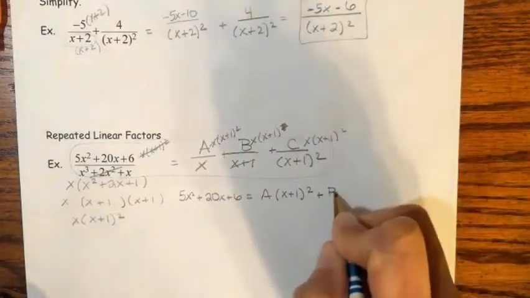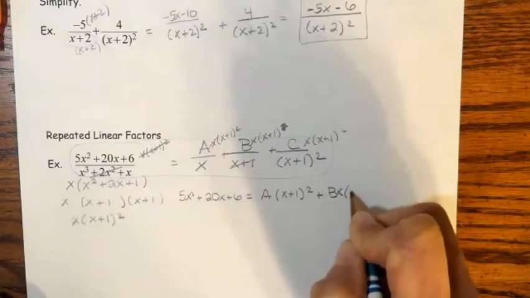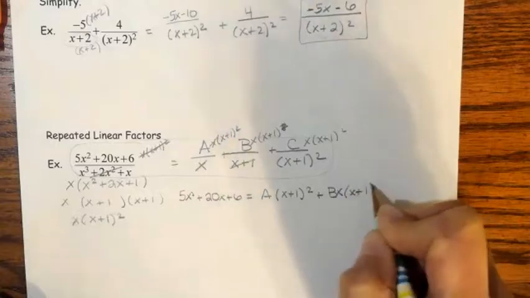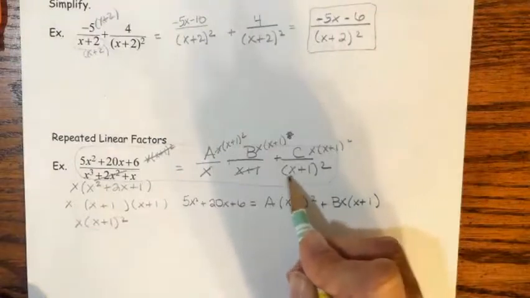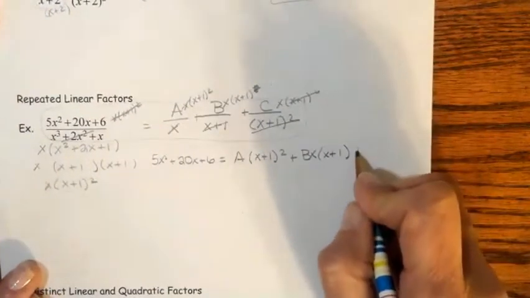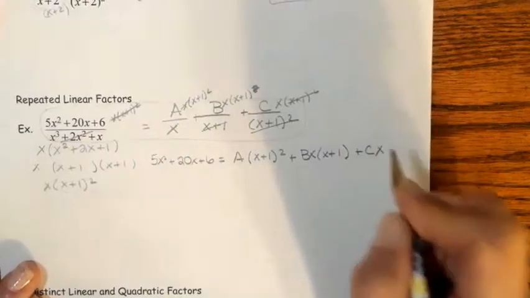So I'm left with bx times x plus 1. On this fraction, the x plus 1 squares cancel, and I'm left with c times x.